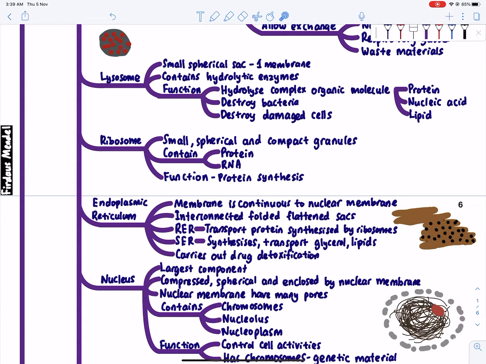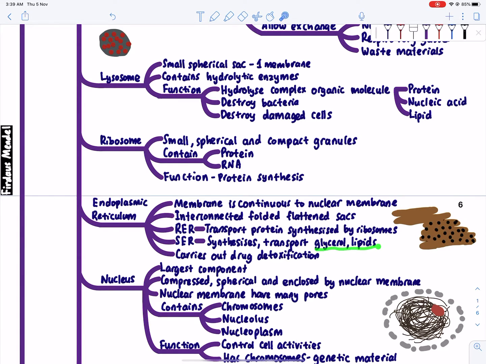The one that synthesizes the protein is the ribosome. What does the rough endoplasmic reticulum do? It transports protein that has been synthesized by the ribosome, until it exits the rough endoplasmic reticulum, entering the cytoplasm. And then the smooth endoplasmic reticulum synthesizes and transports glycerol and also lipid.